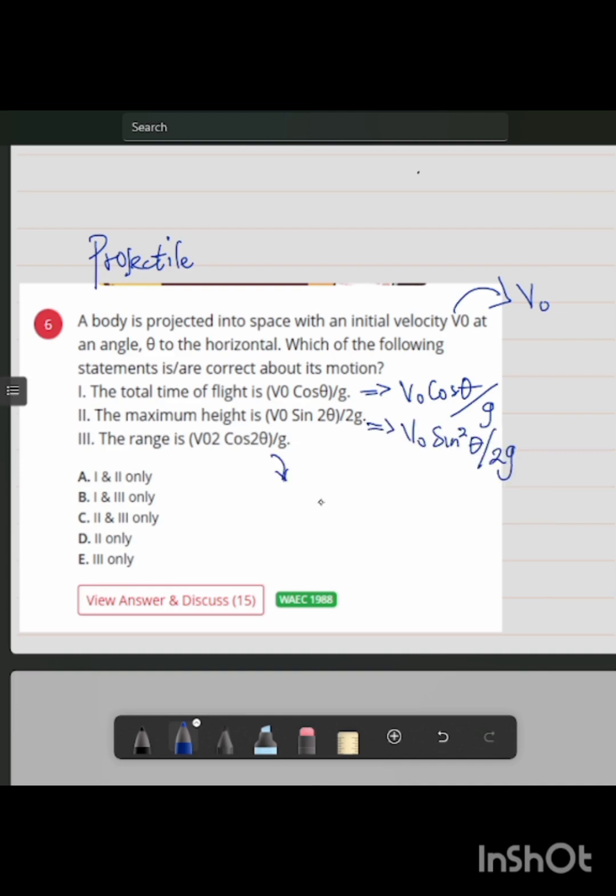While this also says v o raised to the power of 2 cos square theta all over g. I may not explain how all of this is wrong in this video, but if you want to know more, you have to follow me. I would want to give an illustration using a diagram.